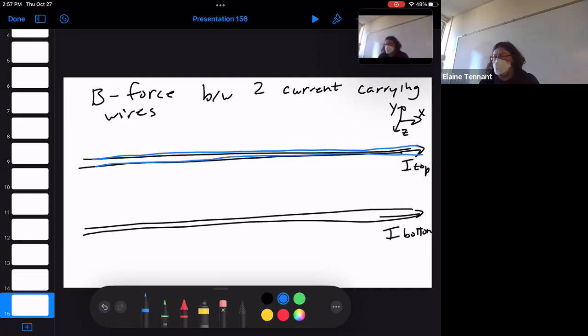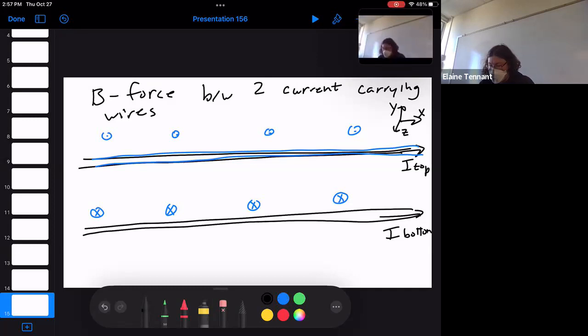Okay, so on the top side of the top wire, which way will the magnetic field be pointing? Out of the board, okay. How about on the bottom side? Into the board. Okay.